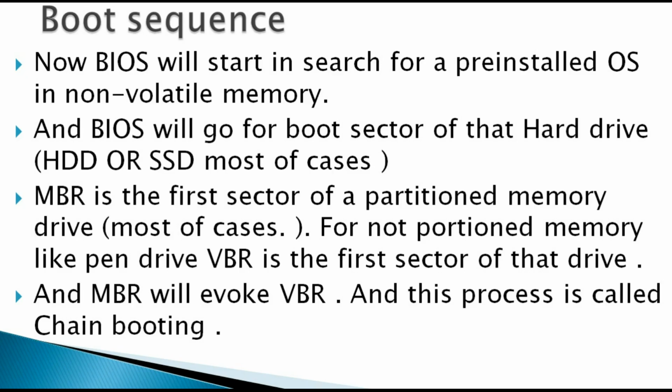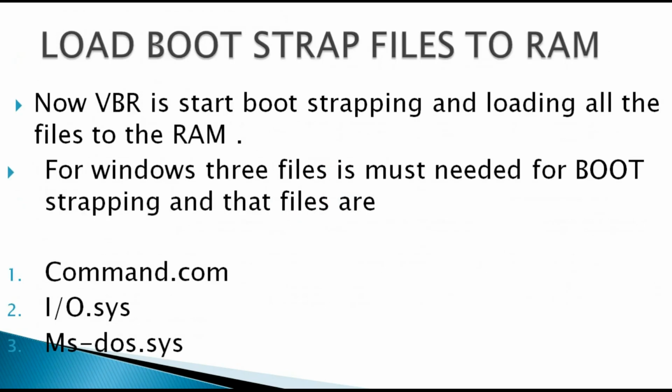There are 3 files very necessary to load Windows, and those 3 files are command.com, io.sys, and msdos.sys. After loading the files to the RAM, the CPU will start reading them.